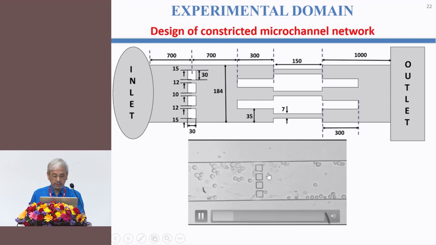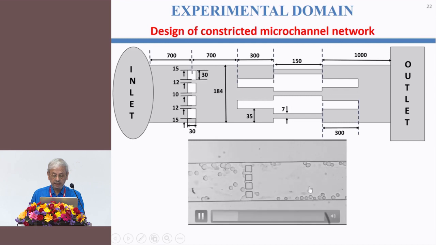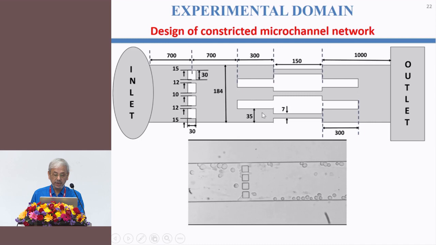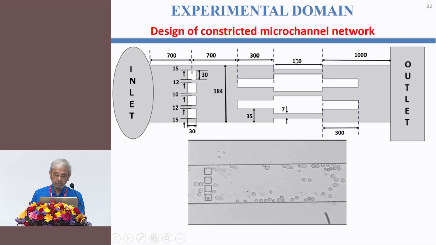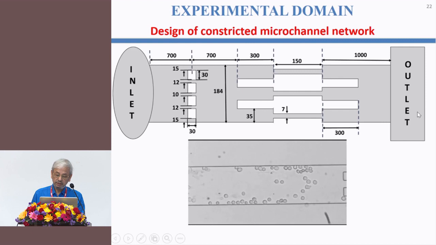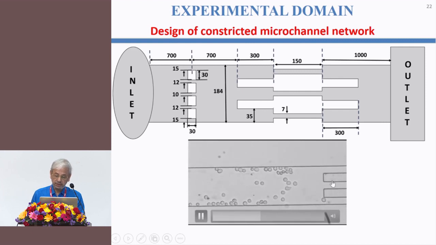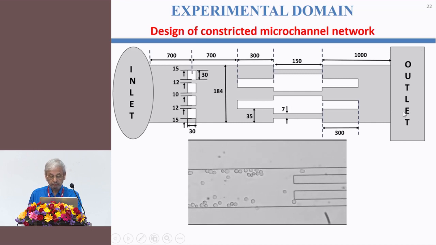It is crossing now this particular zone where we have some wells, and then heading towards this zone which is 35 micron diameter depth, and then finally it will pass through the 7 micron network, and it will reach the end of it. Now it is passing through this network and it will be collected at the outlet.